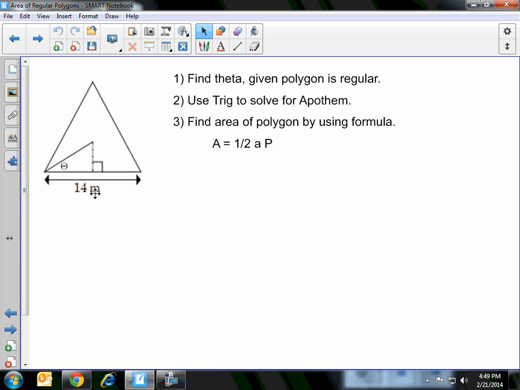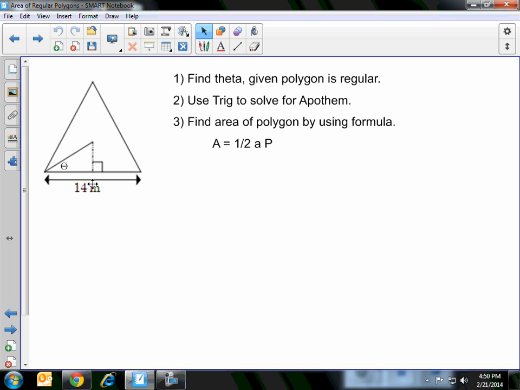So here is an equilateral triangle. It's given in the problem. I'm telling you that it is equilateral. So a triangle is a polygon, and it's equilateral, which means that it's equiangular. So we have an equilateral, equiangular, aka regular triangle.